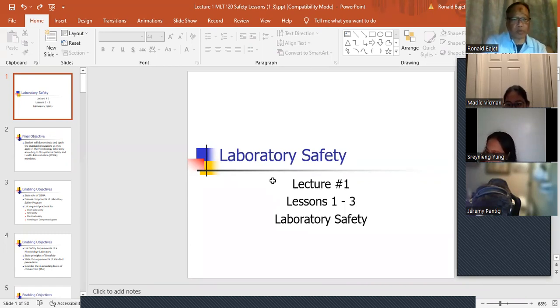Then Microsporum audouinii, we won't handle that. Audouinii, Microsporum canis, Trichophyton mentagrophytes. These are all dermatophytes. Dermatophytes are fungal organisms that infect the skin. If it infects the head, it's Tinea capitis.